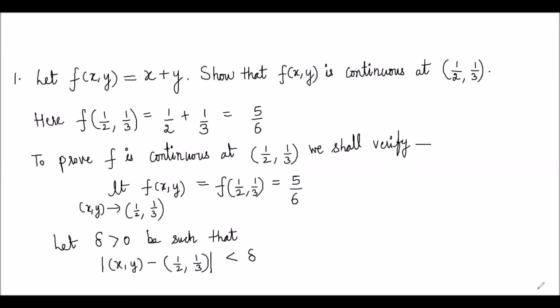Now, if I use the distance formula, the distance between these two points in the plane will be given by the square root of (x minus 1/2) whole square plus (y minus 1/3) whole square.